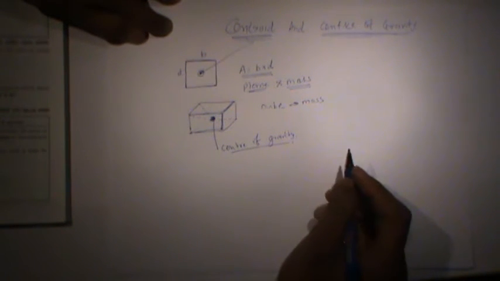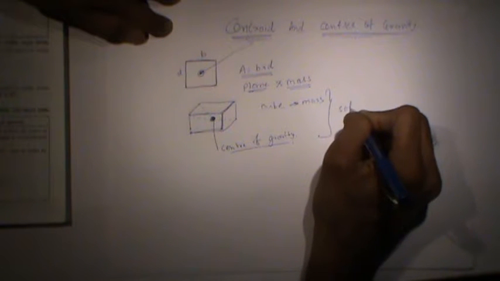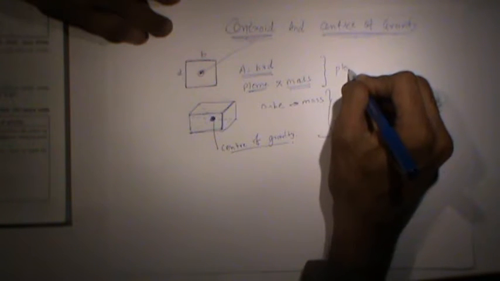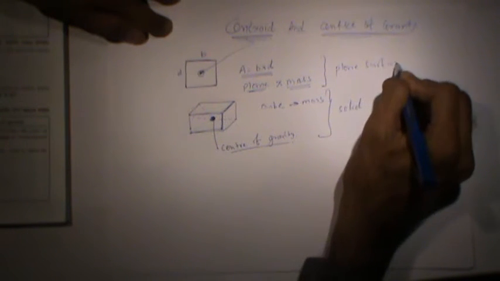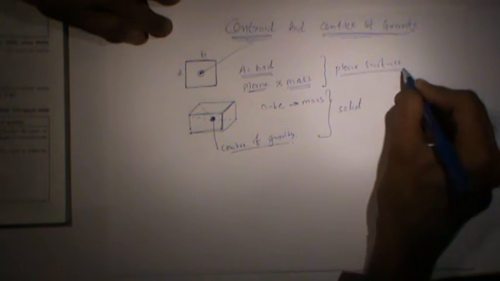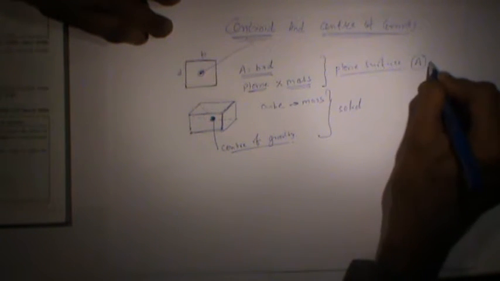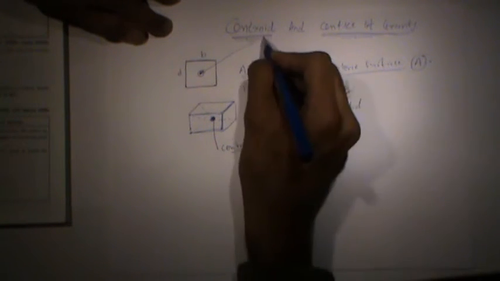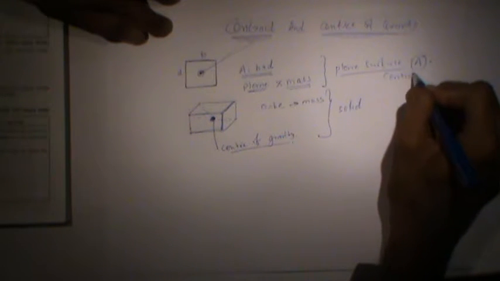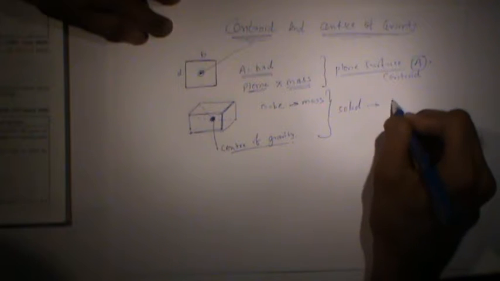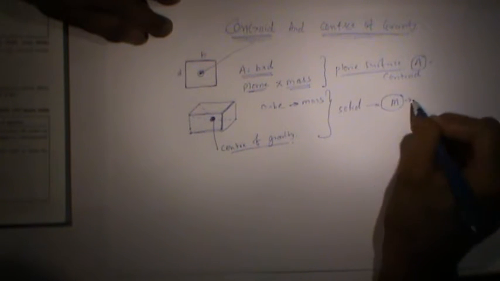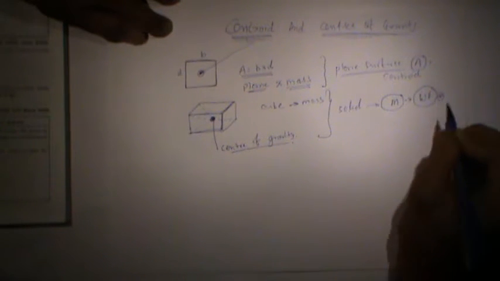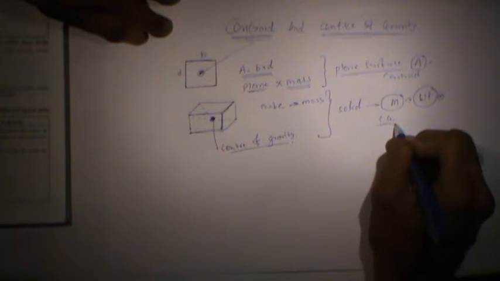It means, in short, this is for the solid, whereas the centroid is for the plane surface. It means the area that we are representing is known as the centroid, whereas in the solid we have the mass, so it has some weight, and this weight is concentrated on some point that is known as CG, the center of gravity.